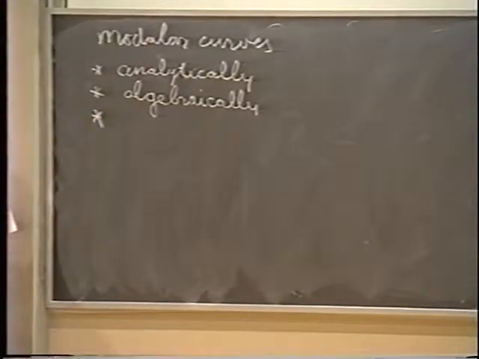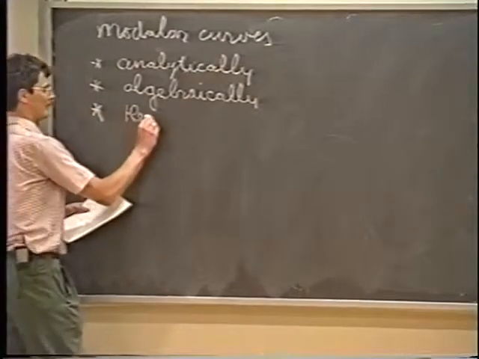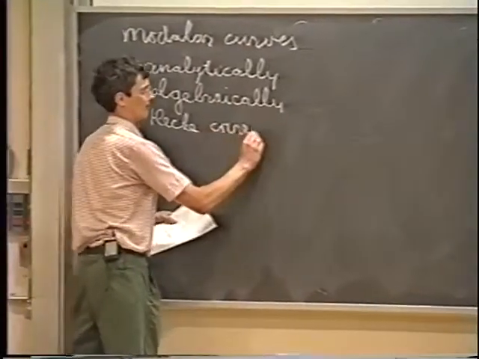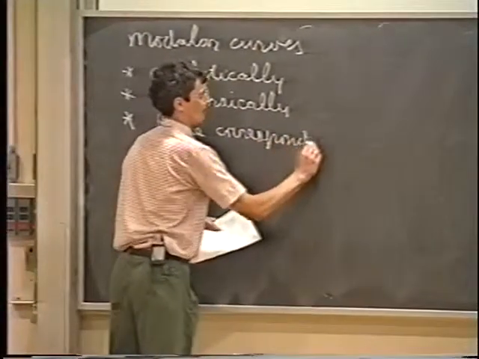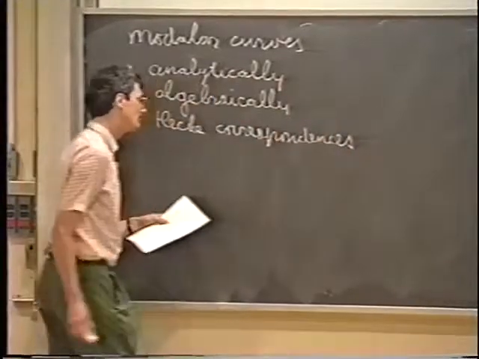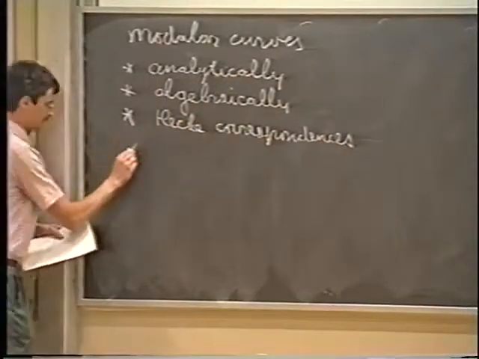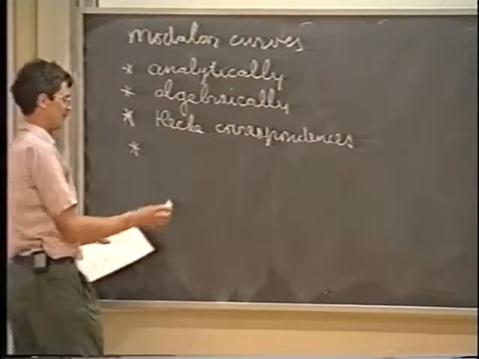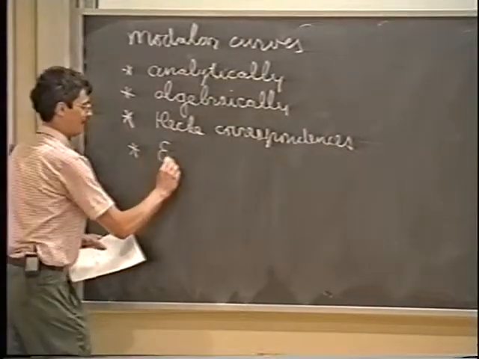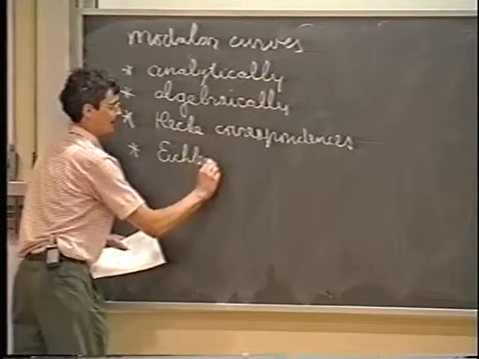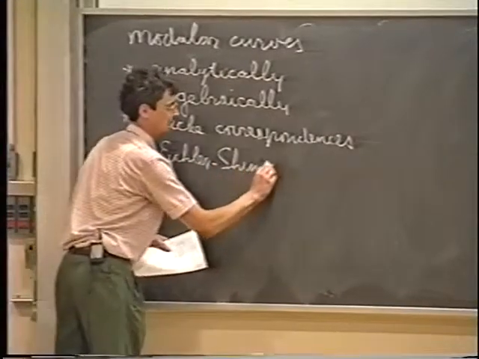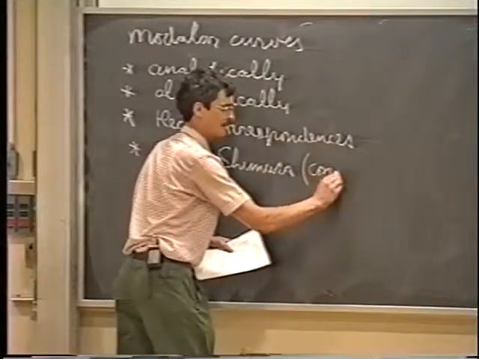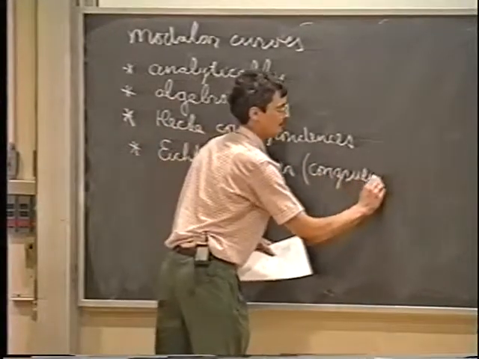After we've seen the modular curves, we will look at correspondences on the modular curves. And then we reduce some Hecke correspondences modulo primes, and we run into what's called Eichler-Shimura, maybe, if I'm modest, Eichler-Shimura congruence relations.